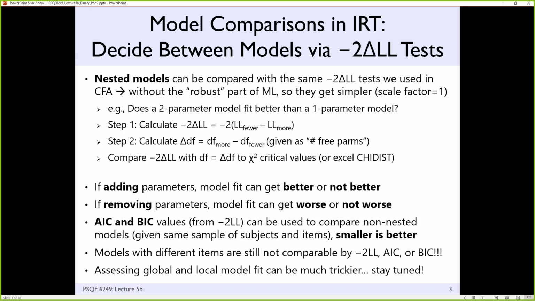To get back and forth, I have to take this one away and add that one. I have to add and remove in the same step. That makes them non-nested. Those models would also have the same degrees of freedom, the same number of estimated parameters. So you couldn't do -2 log likelihood because there's no difference in degrees of freedom. So that's an easy way to tell: if you have two models on the same data with the same people and they have the same degrees of freedom, they have to be non-nested.